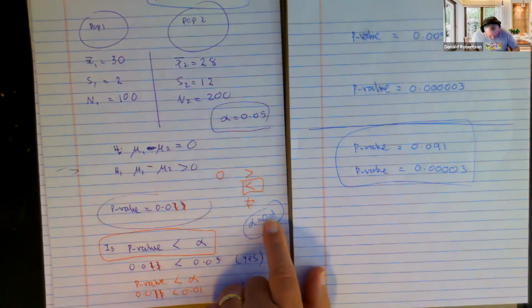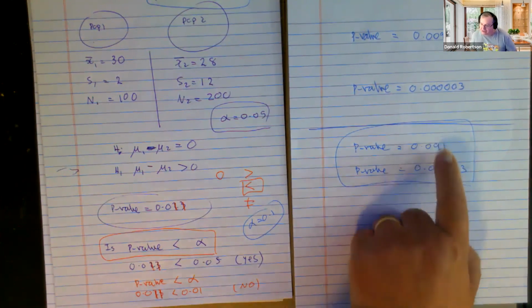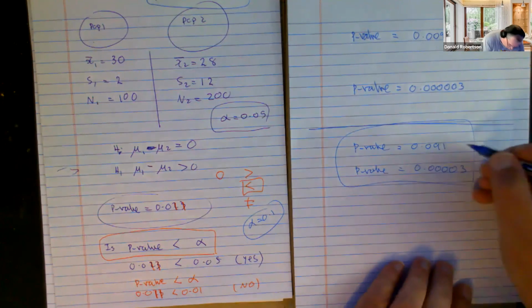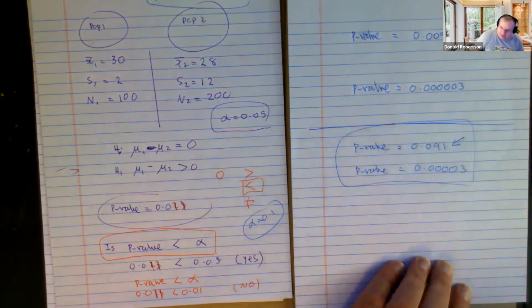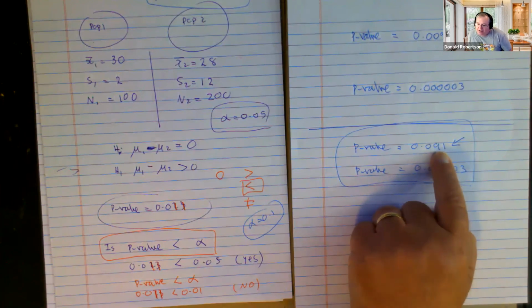At the 0.1 level, aren't these both statistically significant? They're both yeses. Wouldn't you be kind of hesitant on that one? Because technically speaking, isn't that a 9.1% chance that you got what you got just by randomness? And do you really want to risk someone's life on a 9.1% chance that you're wrong, right? That the new medication or whatever isn't really any better than the old one.